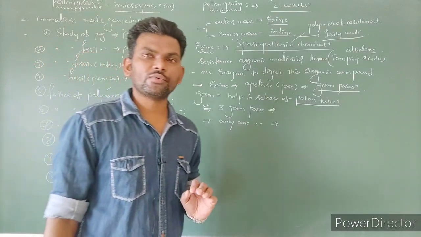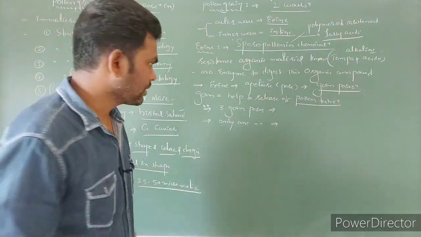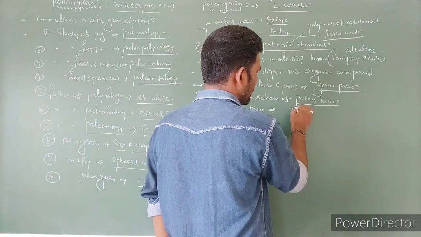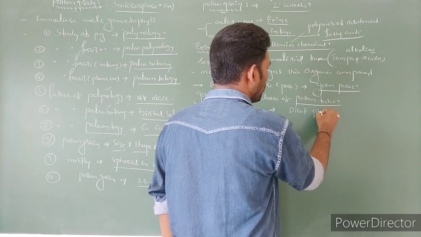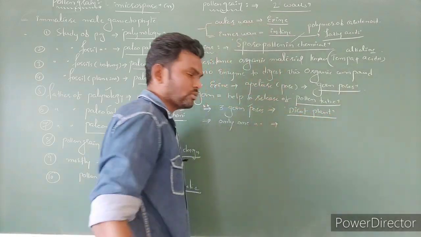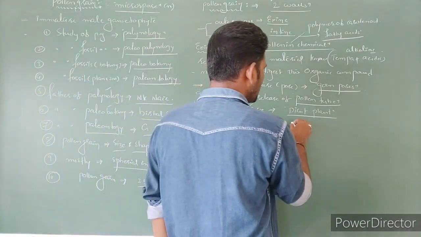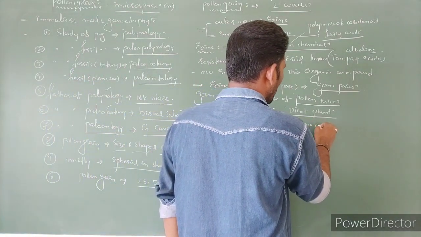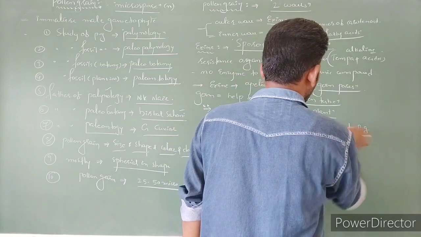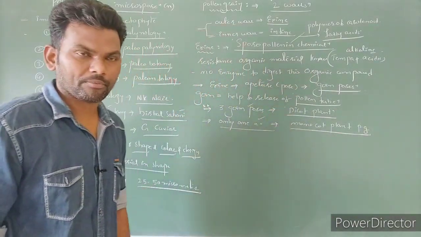Based on this character we can recognize whether the given plant is a monocot or dicot. If 3 germpores are present, we consider it a dicot plant. Most dicot pollen grains consist of 3 germpores. Most monocot plant pollen grains consist of only one germpore.